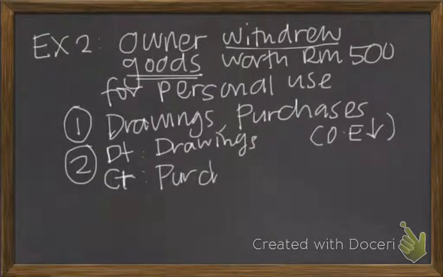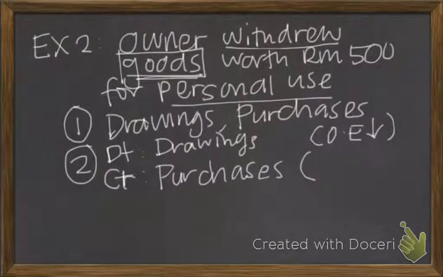Remember, it reduces our purchases. When we buy goods into the business, our purchases increase because the goods come into the business. When the goods are taken out by the owner for personal use, it reduces the purchases account. So our purchases account will be credited.